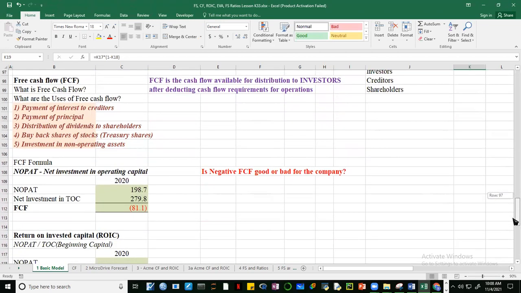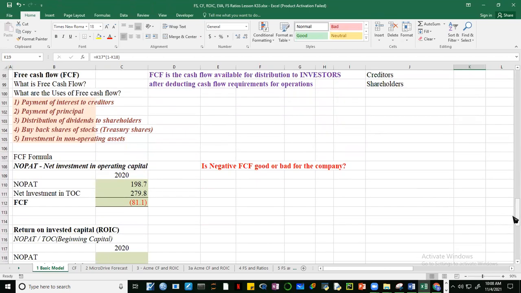So back to our question on free cash flow. If the negative free cash flow is attributable to a negative NOPAT, it means our free cash flow will possibly be negative, unless NOPAT is already negative and we subtract the net investment in operating capital as well.